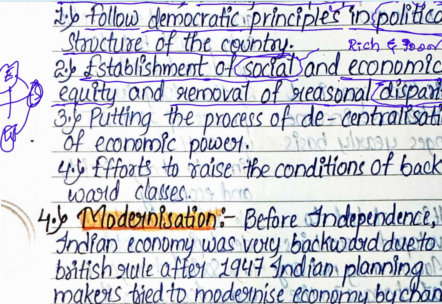Equally we have to develop all regions, that is called social justice. So second point, establishment of social and economic equity and removal of regional disparities. Removal is nothing but removing regional disparity between the east and west region, north region, south region, that is called social justice.